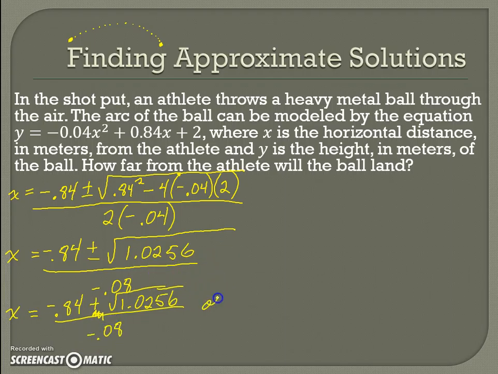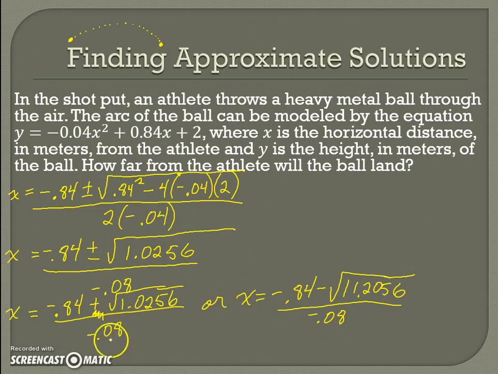And then on the other side, I have x equals negative 0.84 minus radical 1.2056 divided by that. And when I run these out, this first one I get x equals negative 2 1600ths.